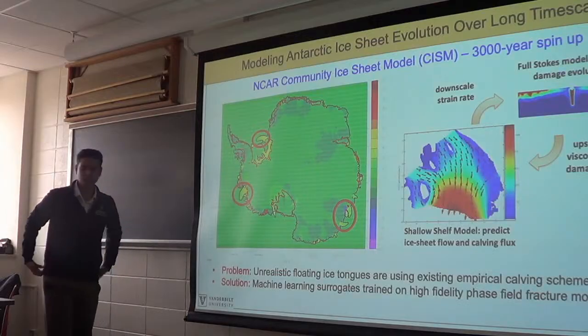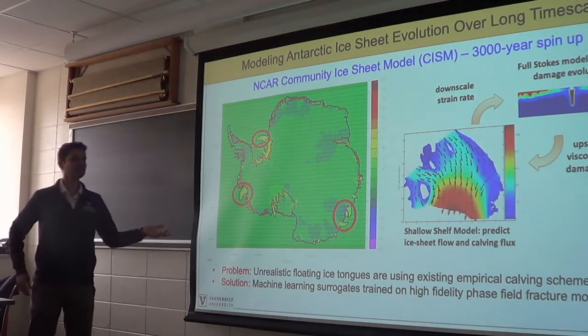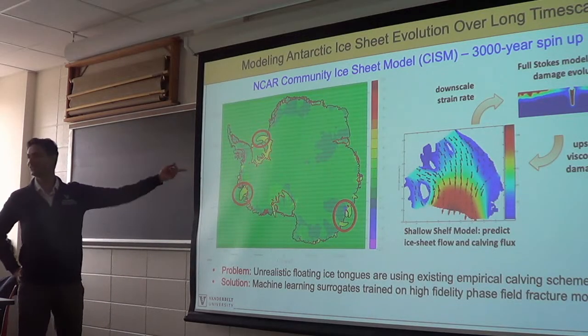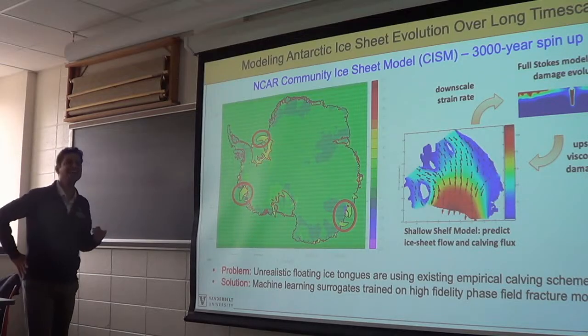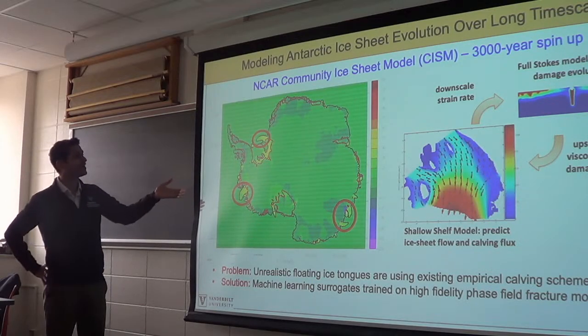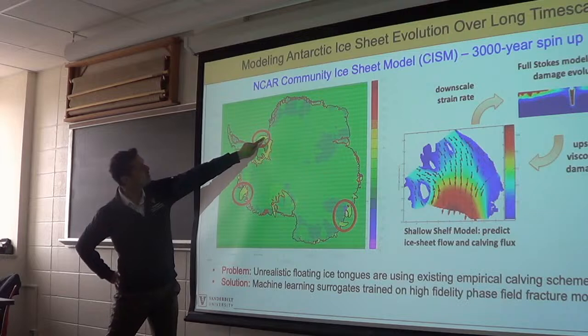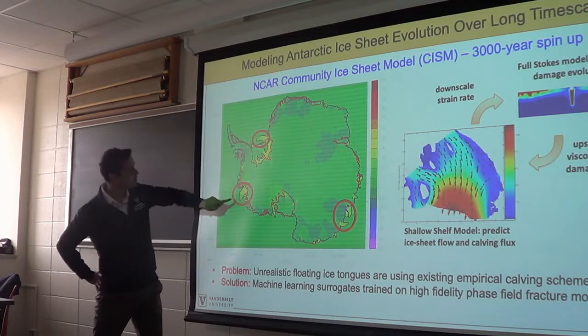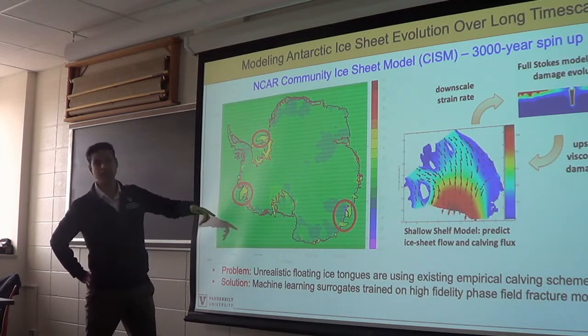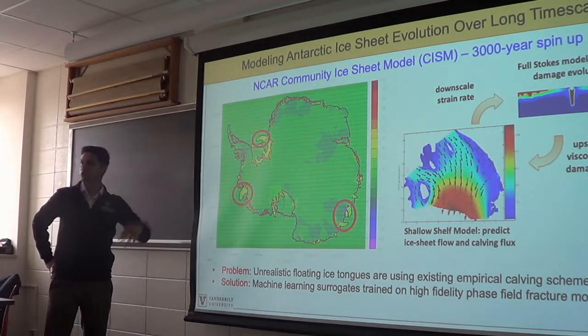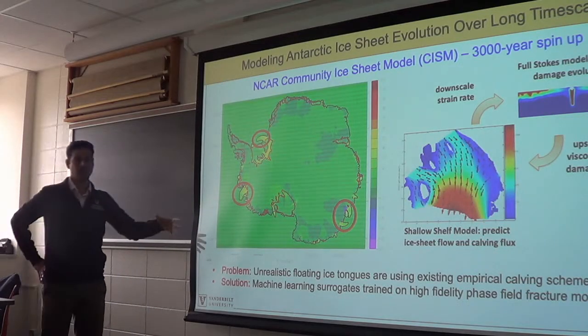When I showed this to someone, they said, we can wait 3,000 years and find out whether that's right or not. But we may not have that much time, at least us on this planet. And we get these protruding ice shelves that are not realistic as per today's state, right?